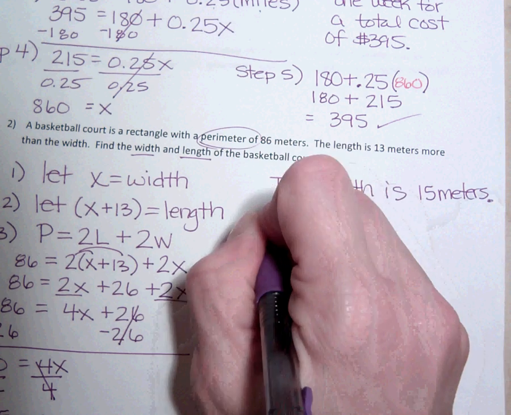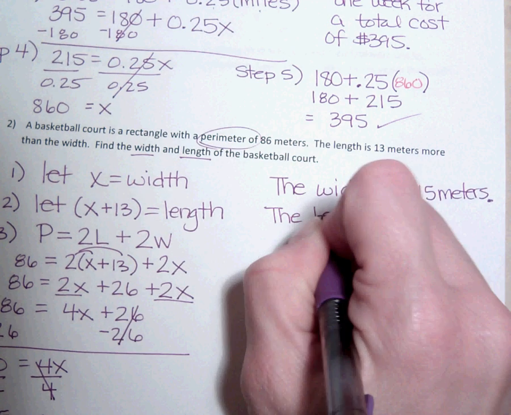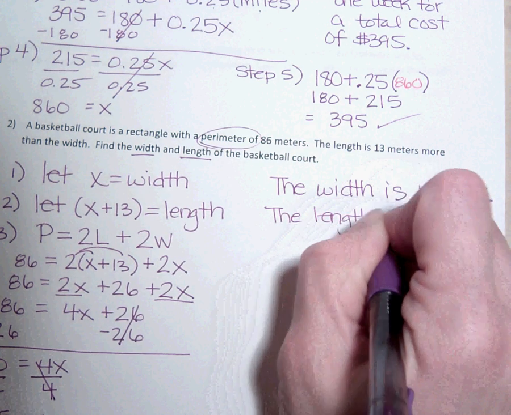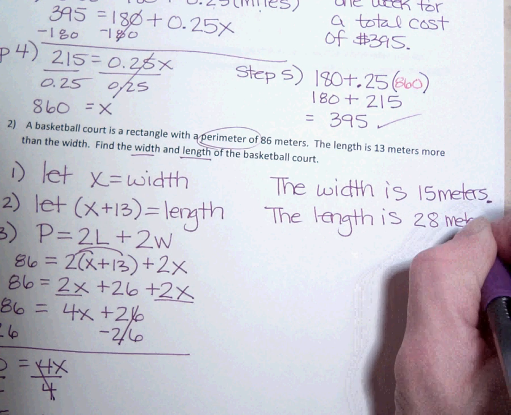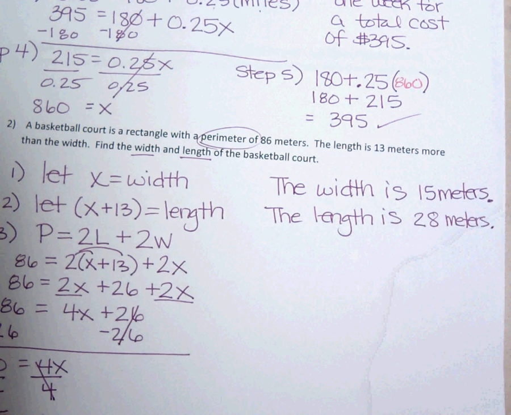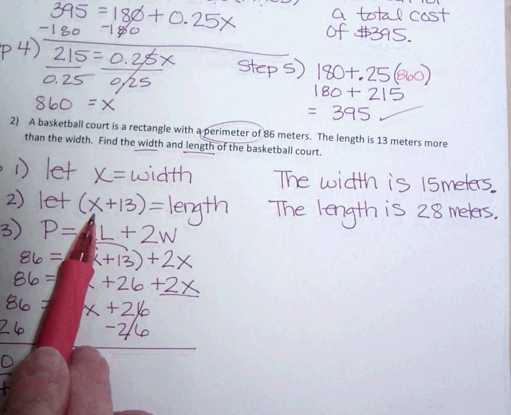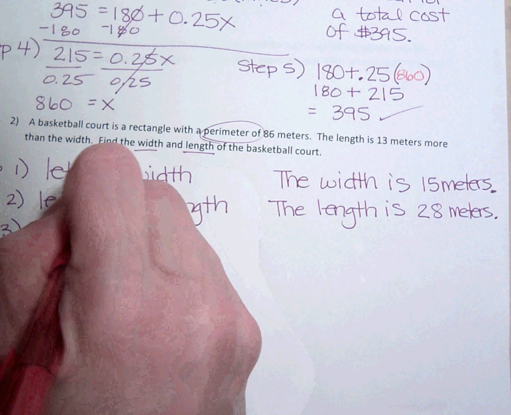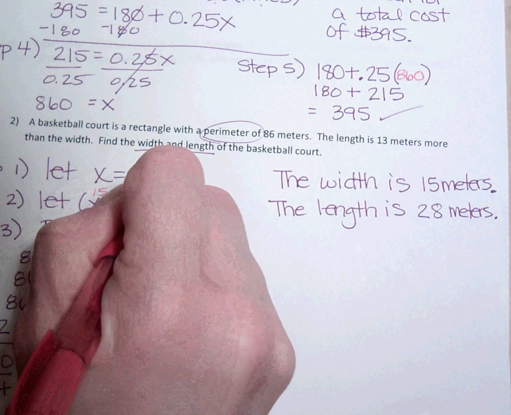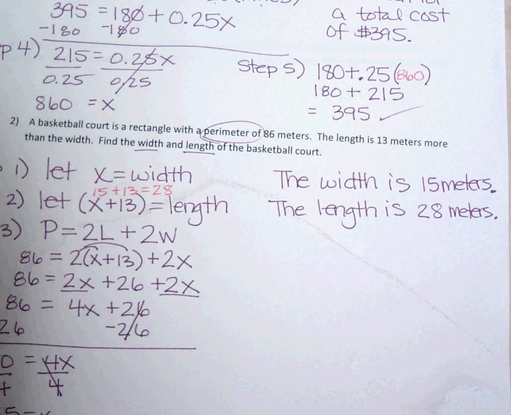Now the length, in this case, is going to be 28 meters. Now, why is it 28? Where am I getting the 28? Well, go back right here. The length is whatever the width is plus 13. So 15 plus 13, there's my 28.